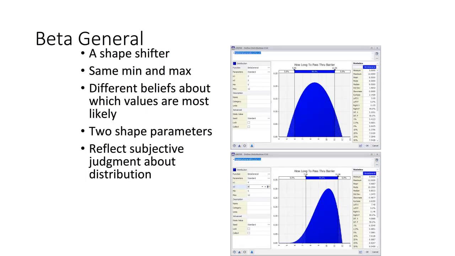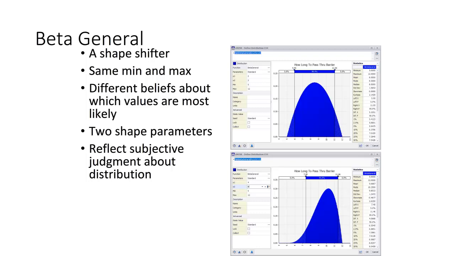The beta general is a really handy distribution. It's handy because it's a shape shifter. Now, we're talking about the same issue. How long will it take a barge to pass through the barrier? So we would use the same minimum and maximum, 5 and 12 minutes. But how likely is a short transit versus a long transit?